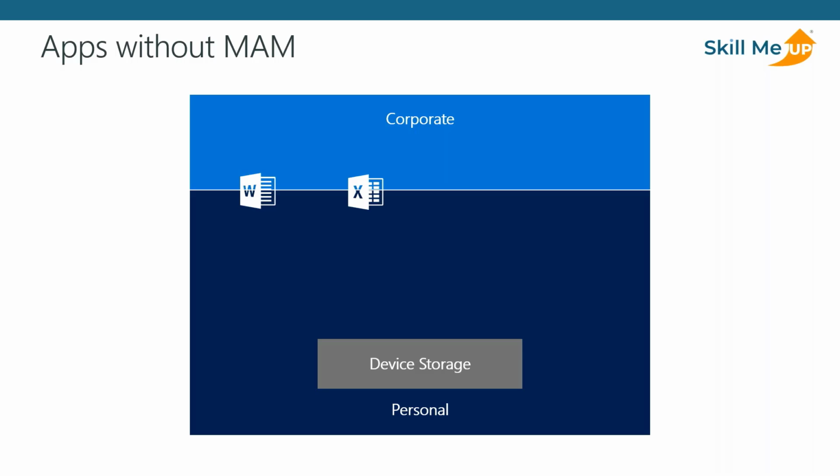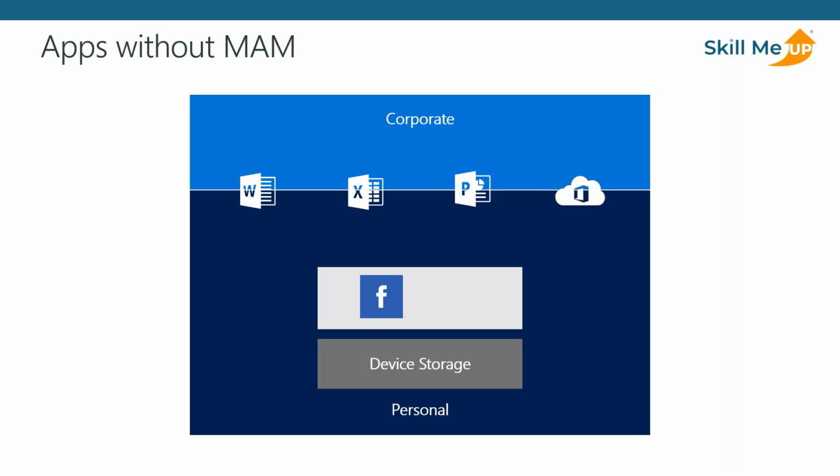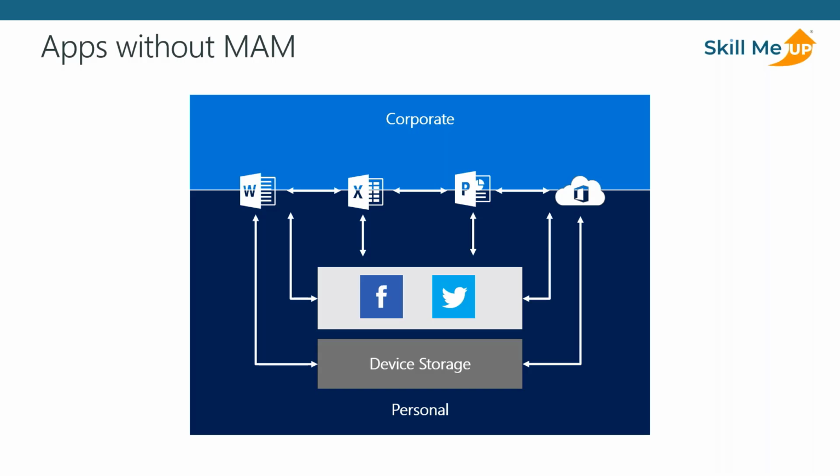So company data can end up in locations like the personal storage or transferred to apps beyond what you would want them to. So for example, I've got Facebook and Twitter here. And as I draw my arrows between them, you can see that when I have no MAM, this is what we have: unrestricted data movement between both corporate and personal apps and other storage locations. And so there's no protection here. So this is what we're trying to protect from.